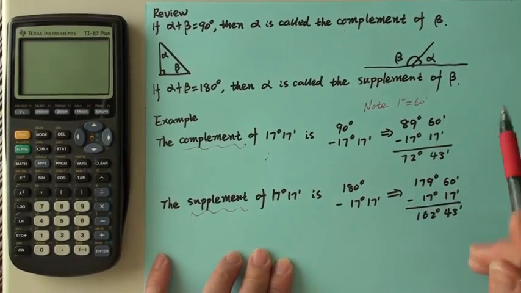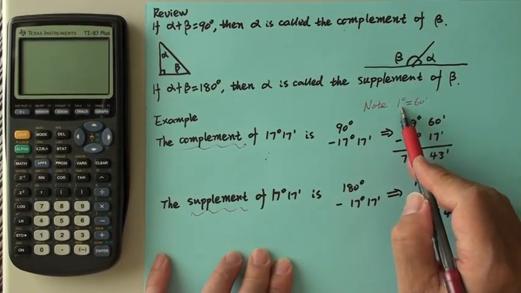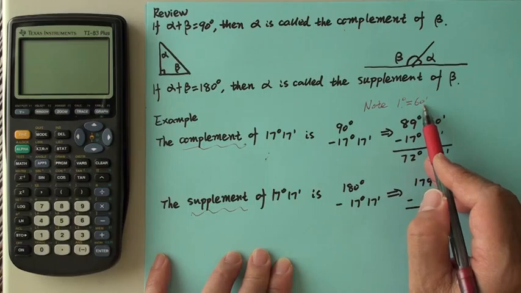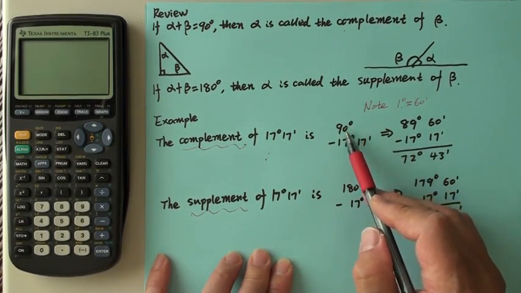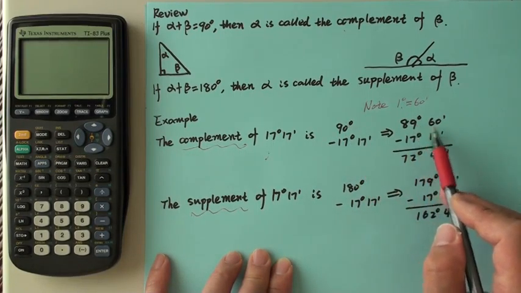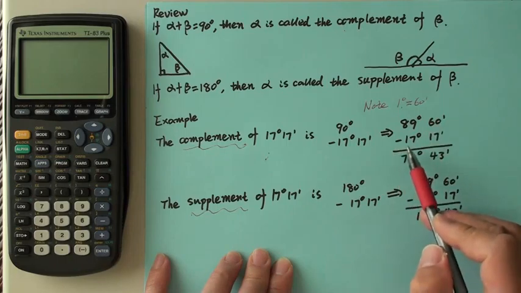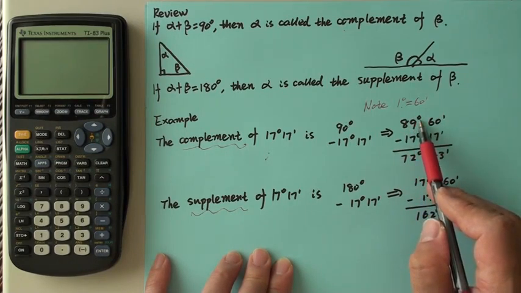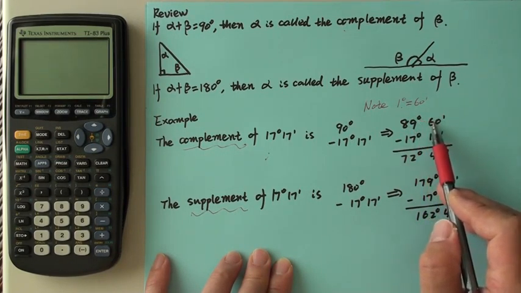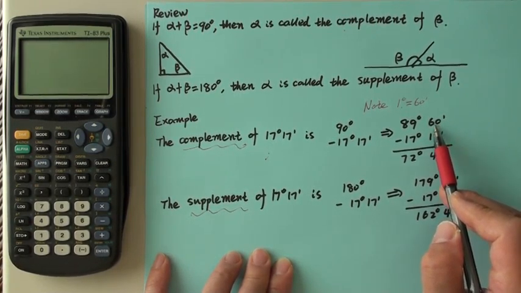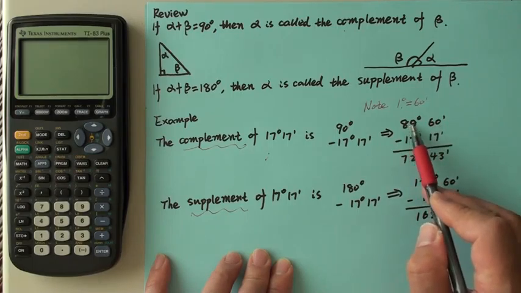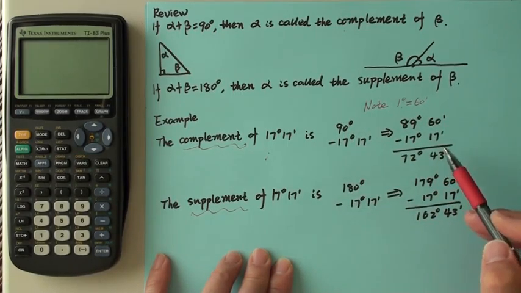We know 1 degree is 60 minutes, so we divide 90 degrees into two measures: 89 degrees and 60 minutes, because 60 minutes is 1 degree and together is 90 degrees.